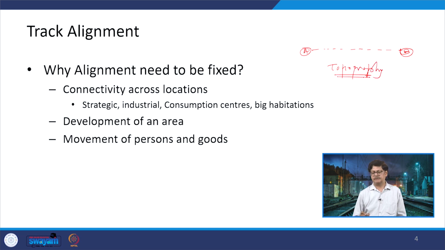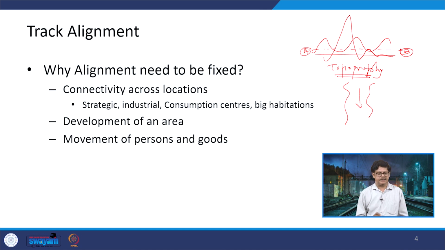It may happen that it is a totally plain area, or the terrain is undulating, or the undulations are even very severe, or there may also be a possibility that some other feature, say a river, is lying in between these two points, and therefore you have to cross this river.